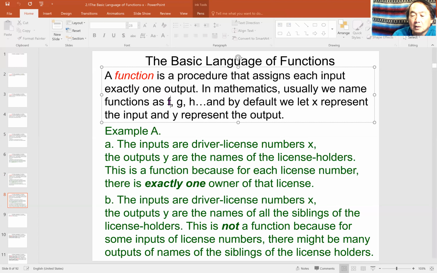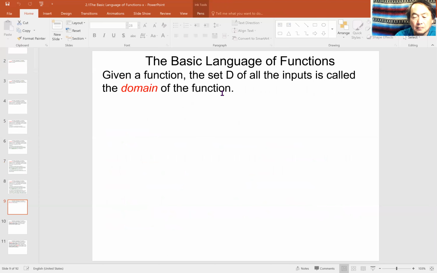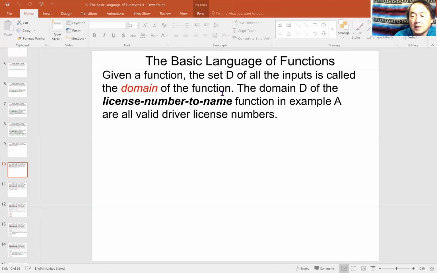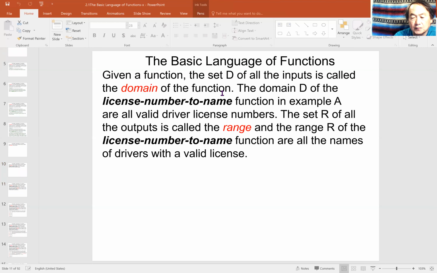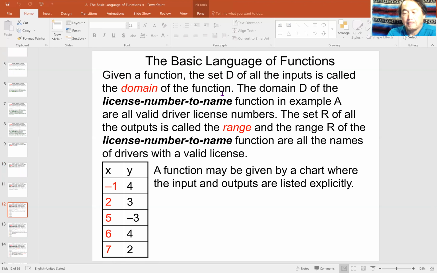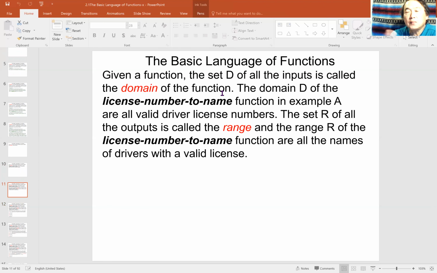Later, in mathematics, for different function procedures, we will use small case letters f, g, h to name the functions. One very important thing is the domain of a function. The domain of a function is what inputs it takes.